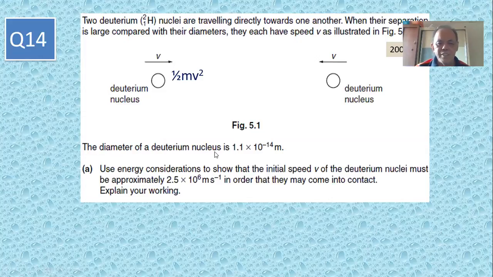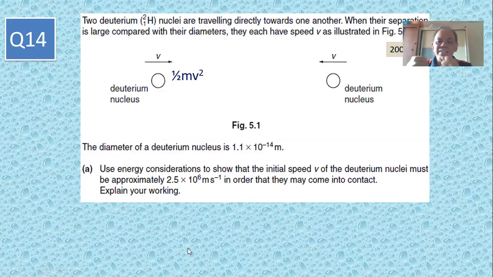The diameter of the deuterium is this one. Remember, when they are touching each other, that diameter becomes the separation from center to center. Use energy conservation to show that the initial speed of deuterium nuclei must be approximately that in order that they may come into contact.